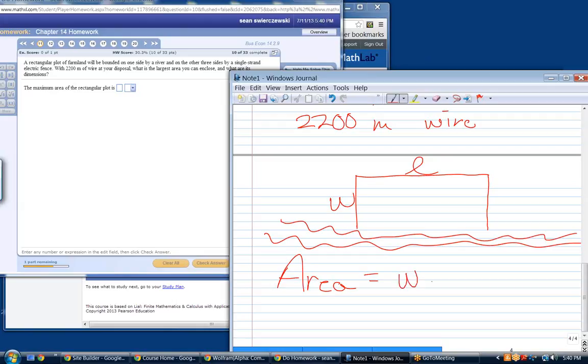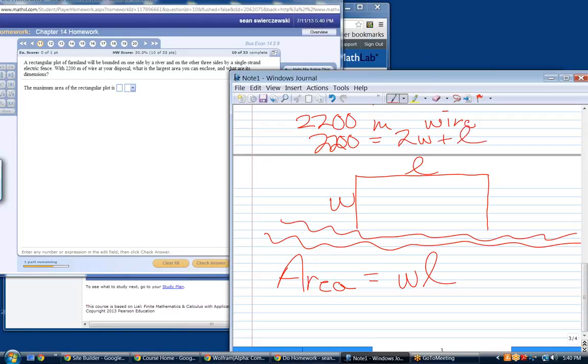Just width times length is the area, whether there's a river there or not. 2,200 equals the perimeter. So 2,200 equals what? Width plus length plus width. So 2 widths plus 1 length.